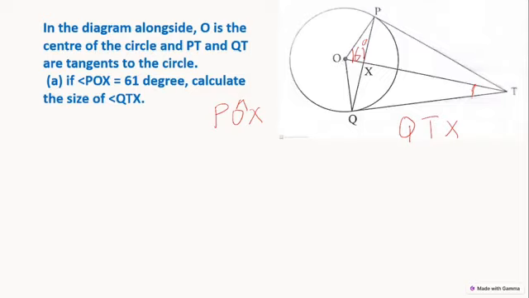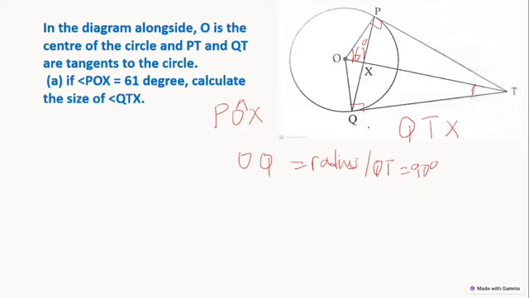Then OQ is a radius, which is meeting with tangent QT, and it's forming a 90 degrees. So right here we have a 90, same here, even here. So very important to understand these principles.